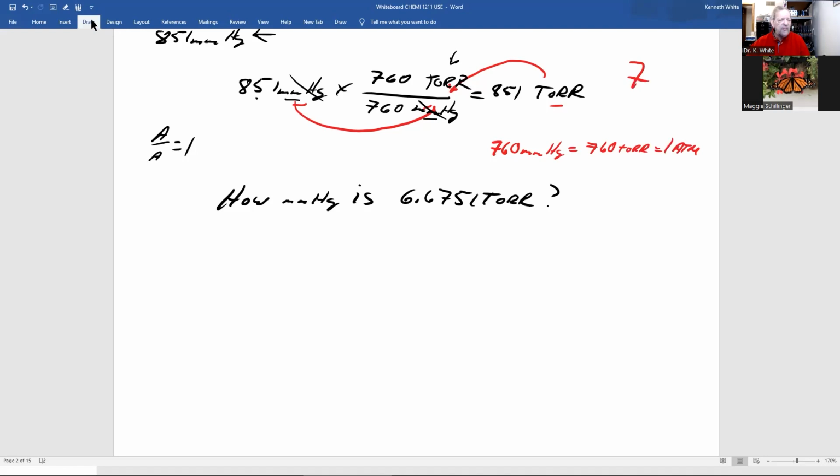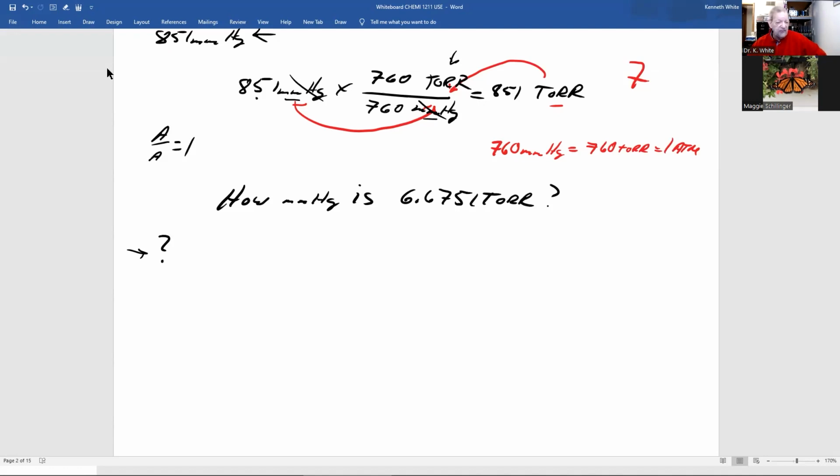Now let's do this stepwise. I'm going to let you do it. What are you being asked to find? What are you given? Your turn. All right, what are you being asked to find?